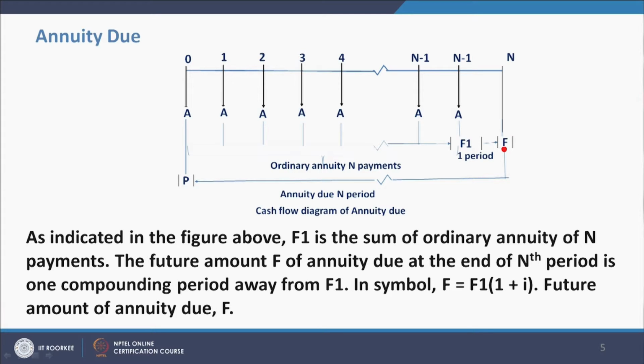The future amount F of the annuity due at the end of the nth period is one compounding period away from F1. In symbols, F is equal to F1 into (1 plus i). Future amount of the annuity due is F.